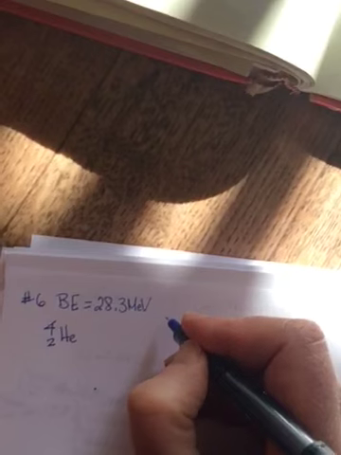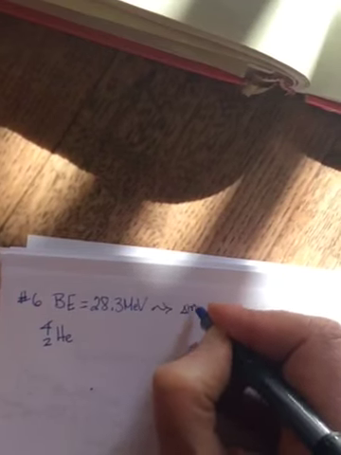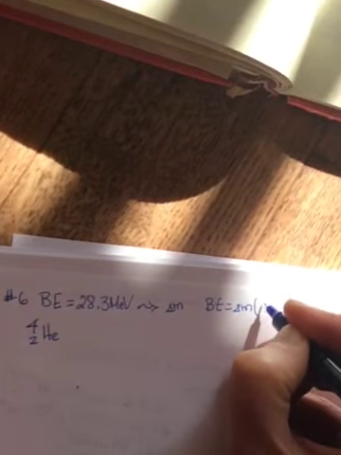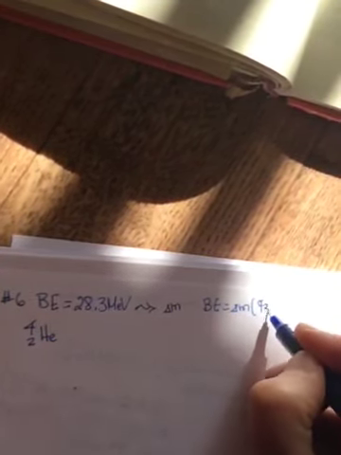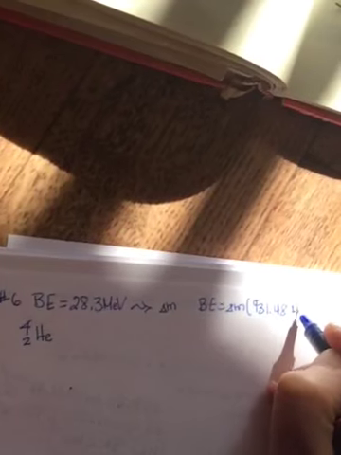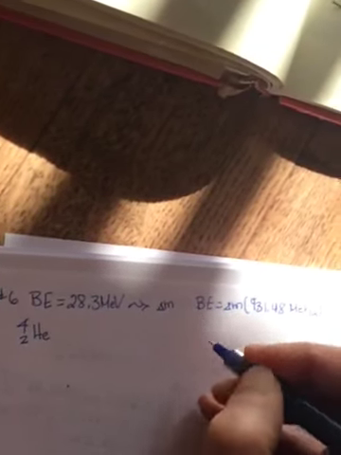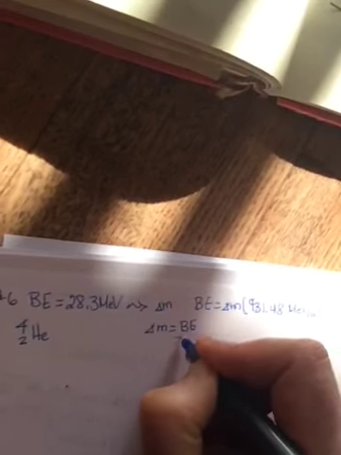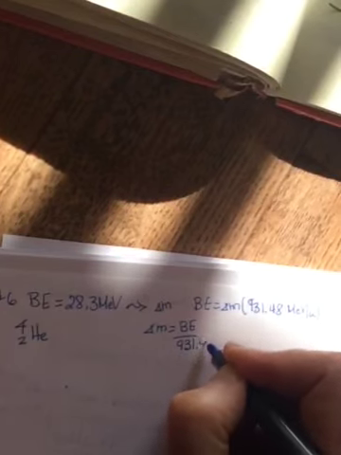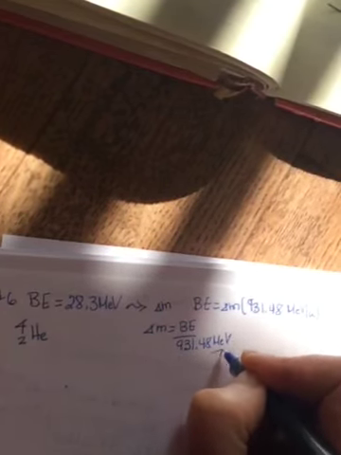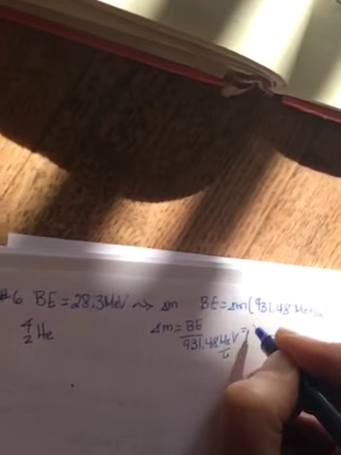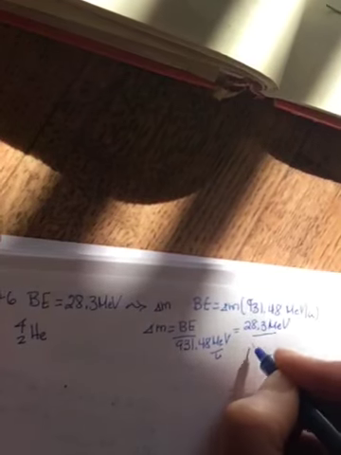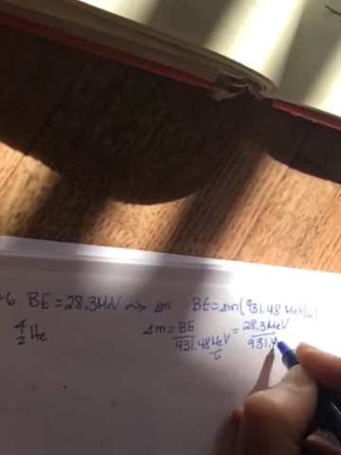So first thing we can do is change to delta M, because we know binding energy is equal to delta M times the 931.48 mega electron volts per U. So that means that delta M is equal to the binding energy divided by 931.48 mega electron volts per U. And so 28.3 mega electron volts divided by 931.48.